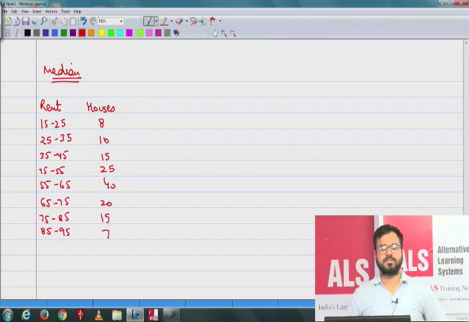Find the median of this. The rent is given in rupees, 15 to 25, 25 to 35, with a class width of 10, and these are the frequencies. The number of houses are given. Find the median rent. Quickly do this, all of you.